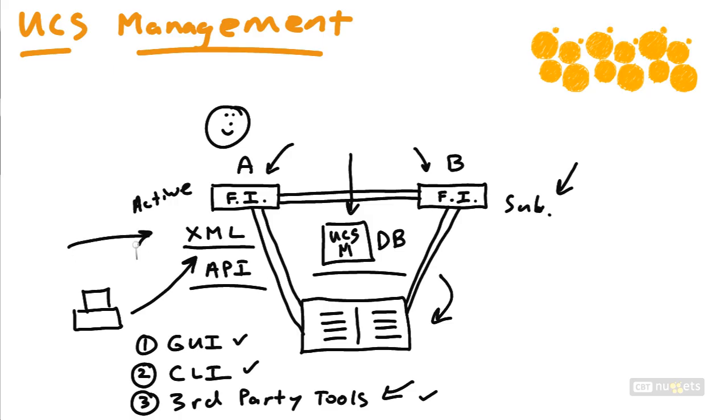It was so smart of Cisco to do this. So really, the language of UCS is XML data.